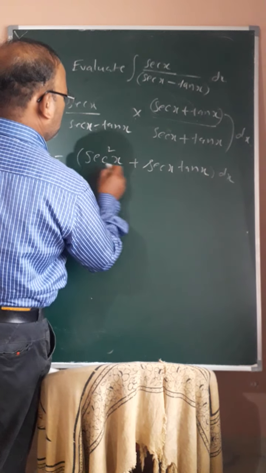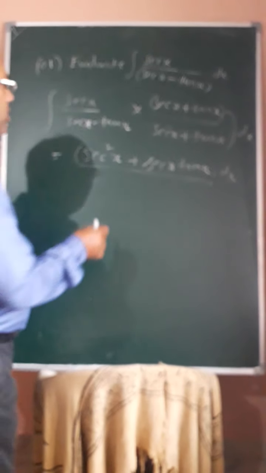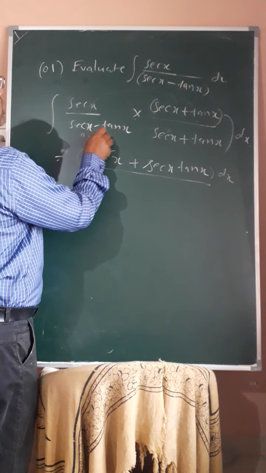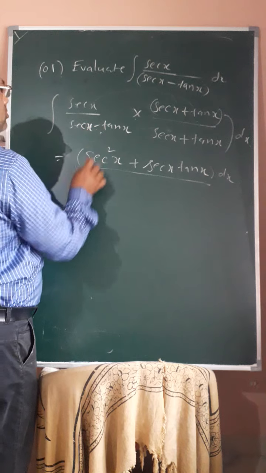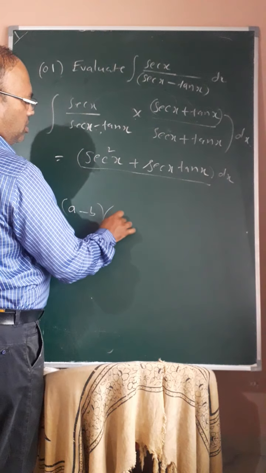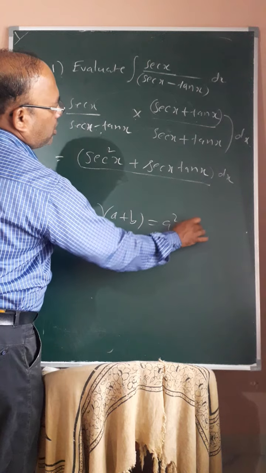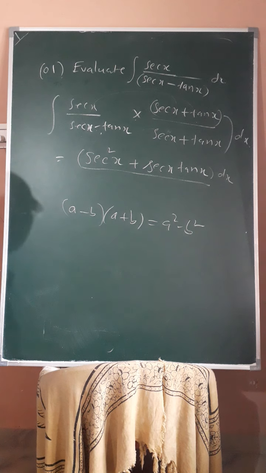The denominator is in the form of a plus b, a minus b, and the answer is a square minus b square.